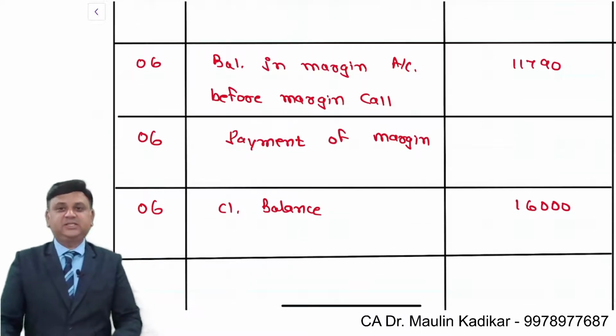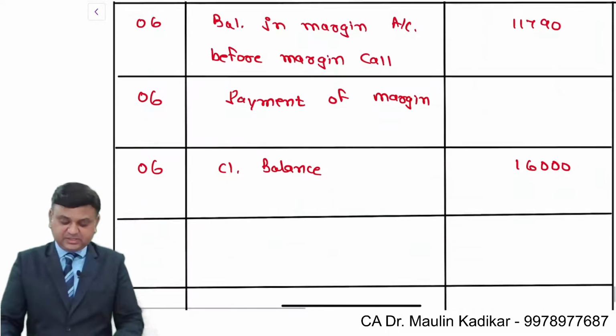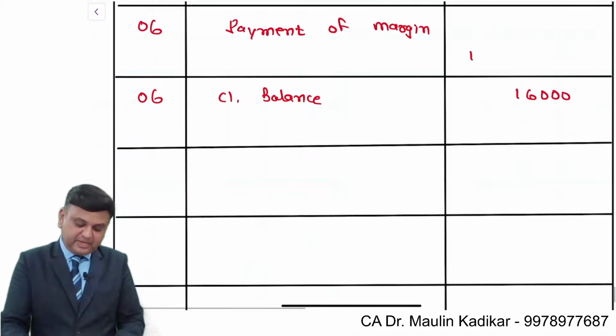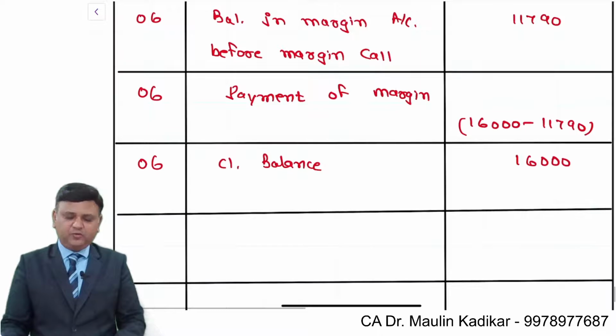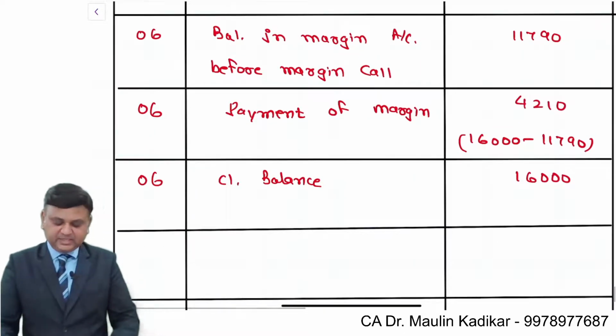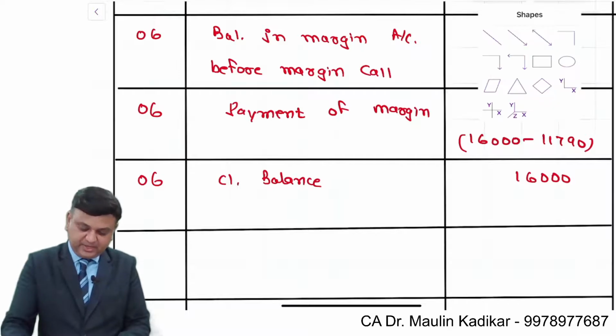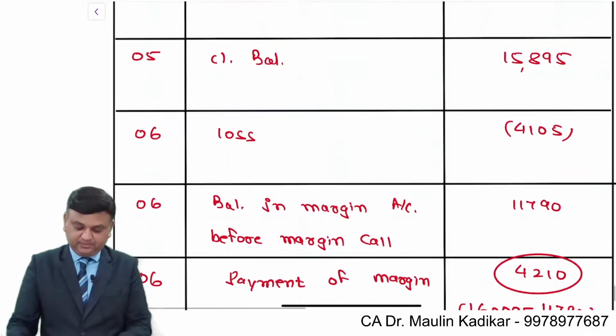Because whenever the margin is falling below maintenance margin, the payment is required to be made for such an amount so that the balance increases equal to the initial margin. So in this case it will be 4,210. That is the amount of the margin which is required to be paid, and it is found as balancing figure.